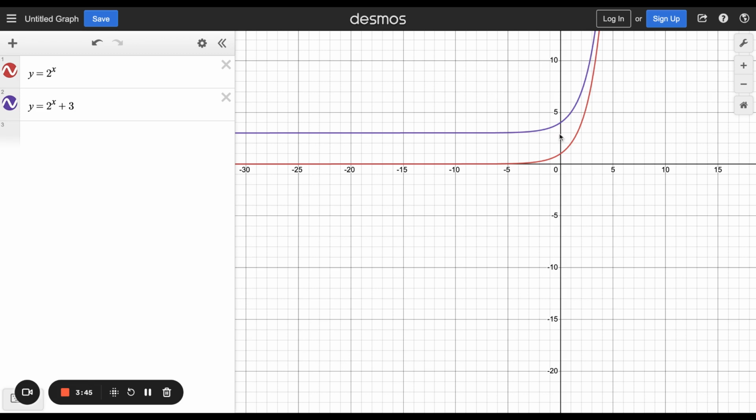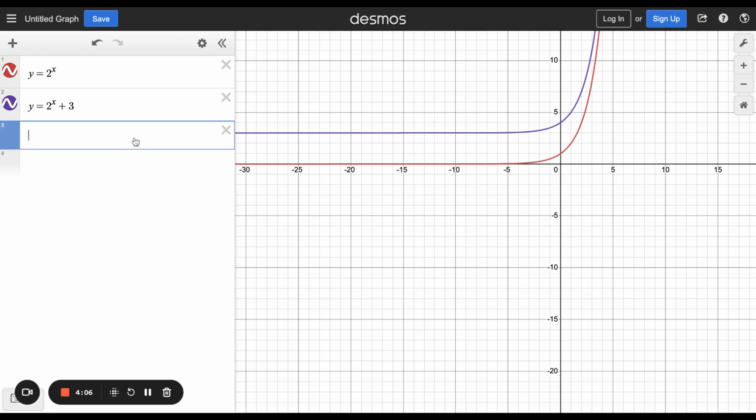So y equals 3, because even if this whole thing disappears, when x approaches negative infinity, this whole piece disappears. So y equals 3 is acting as your asymptote, so the curve will not pass beyond this point.